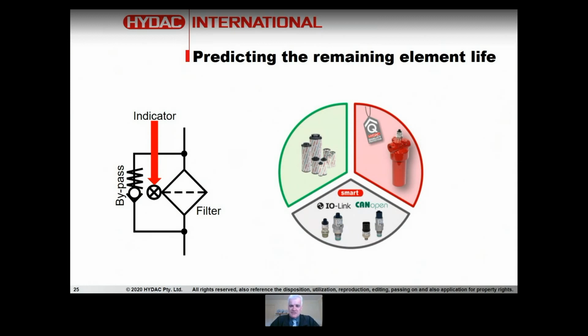These are intelligent filters, and the indicator is really optimizing the intelligence of the filter. It has an algorithm, and it can predict what the expected life will be by looking at the trend and where it's going. And it will tell you then how many hours you have left. So rather than getting to a point where it says it's time to change, this tells you when it will be time to change.